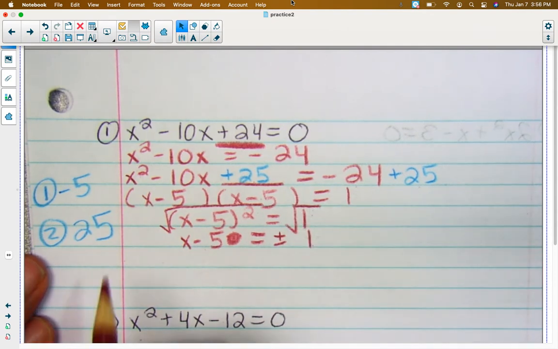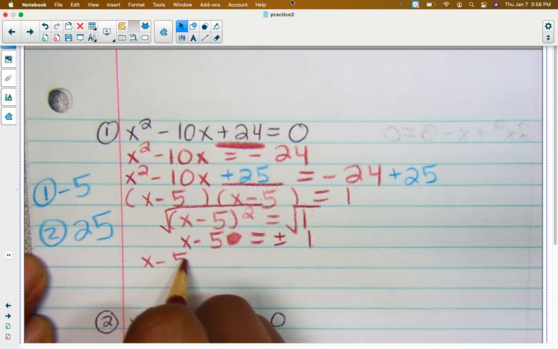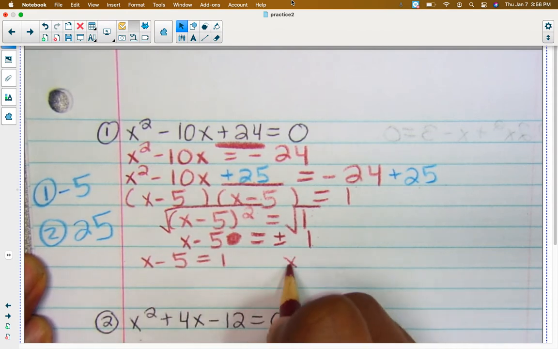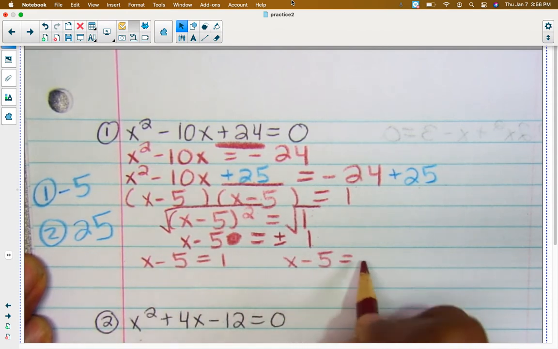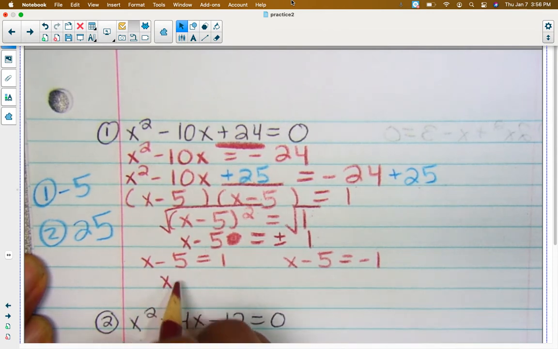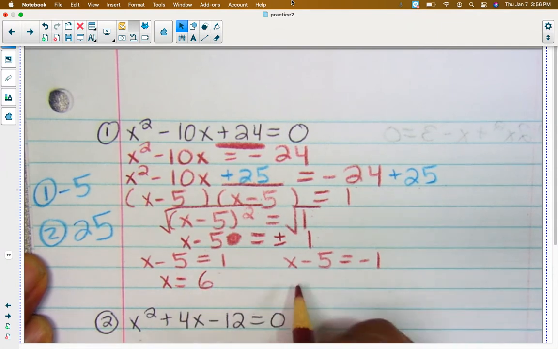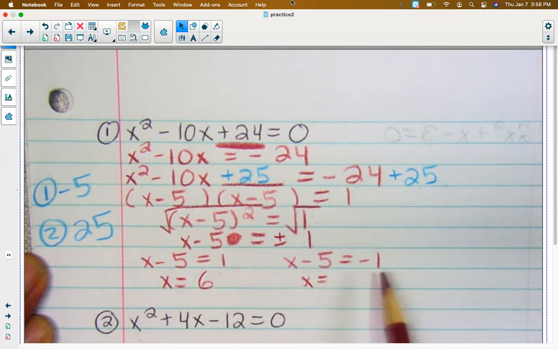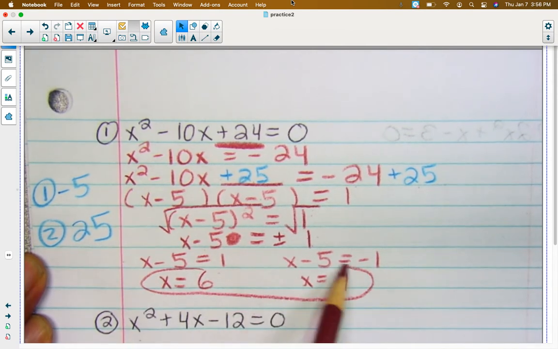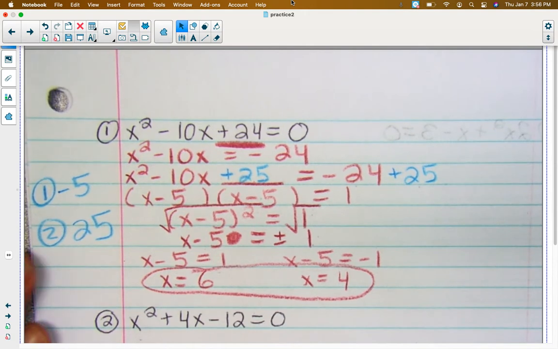I need to set up my two different answers, so it equals positive 1 and it equals negative 1. I can go through and solve these. Add 5, add 5, I got 6. Add 5, add 5, I got 4. So these are our two answers.